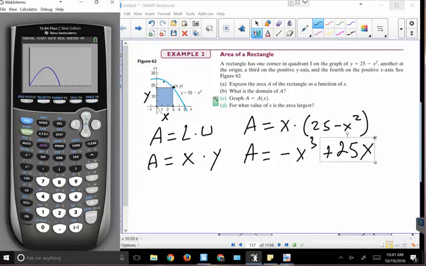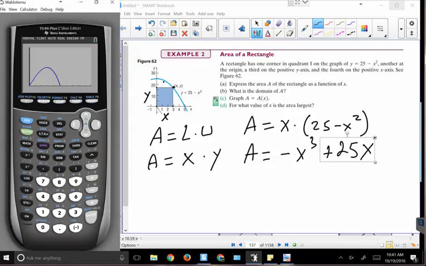Because once I go past 5, do I even have any rectangles? No. And that's where it falls off and starts going down into the fourth quadrant. So this really only appears in this area or this range where it goes from 0 to 5. So that's what it means when it talks about the domain of A. What numbers can I use for this?